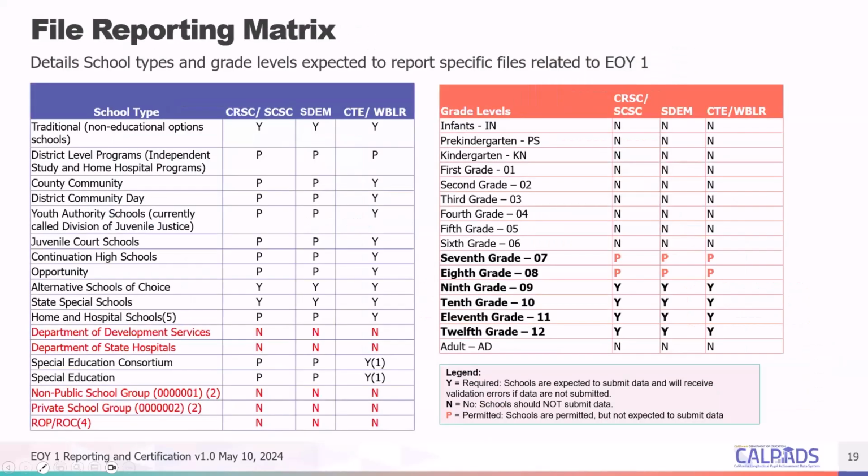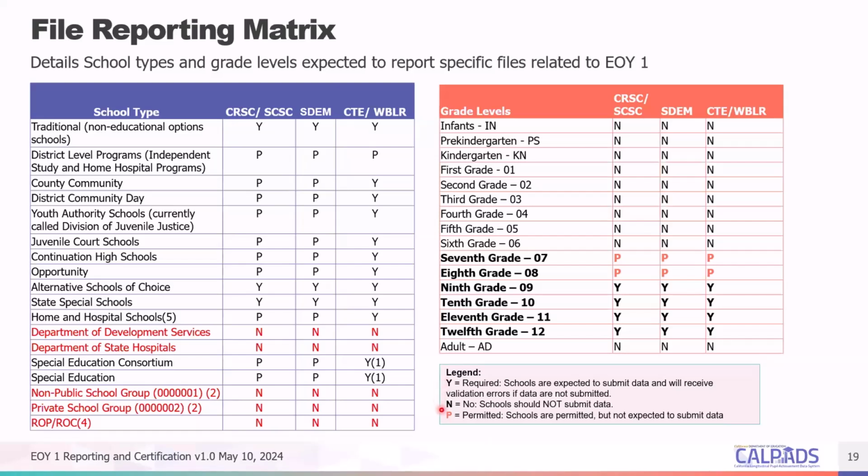All right, this slide contains the file reporting matrix or the expected school and grade levels tables for the end of year one files. We do have a legend on the bottom right-hand side of the slide here, which really helps to interpret these tables. So if there is a Y in a cell, that would indicate that the file type is required of either the school or the grade level, that schools are expected to submit data and will receive validation errors if the data are not submitted.